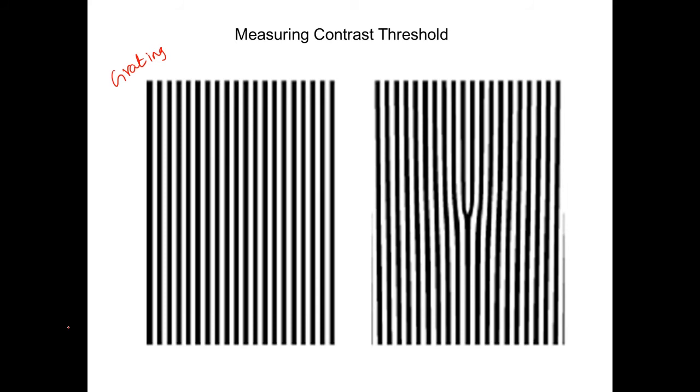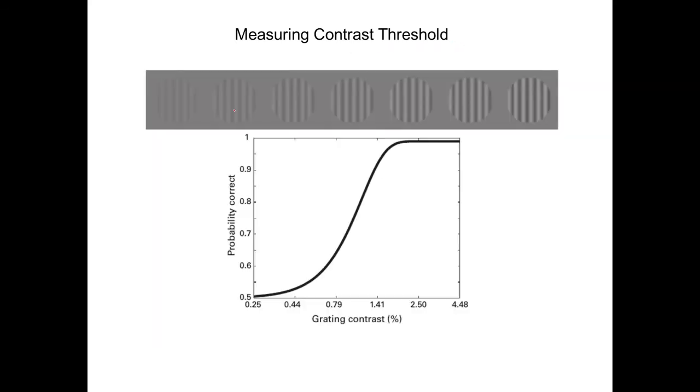what we can measure is the contrast threshold. These alternating stripes as a grating are displayed at various contrasts and shown to the subject, and the subjects are asked to say if they could identify the patches.